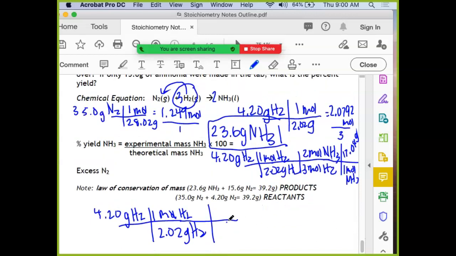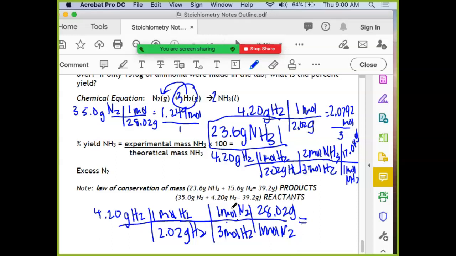So for every 3 moles of hydrogen that react, 1 mole of nitrogen will react. And 1 mole of nitrogen is 28.02 grams. Nitrogen is 14.01, and there's 2 of them, so you add them together.